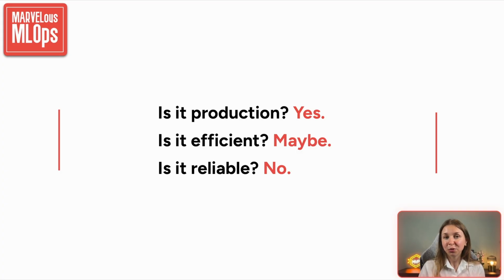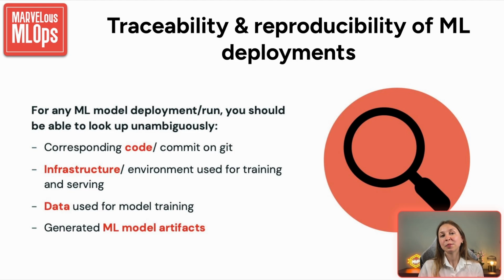Let's dive into those. The main principle in MLOps is traceability and reproducibility of your machine learning model deployments, which means that for any machine learning model run or deployment, you should be able to look up unambiguously the corresponding code, commit on Git, infrastructure, environment used for training and serving, data used for model training, and also generated machine learning model artifacts.